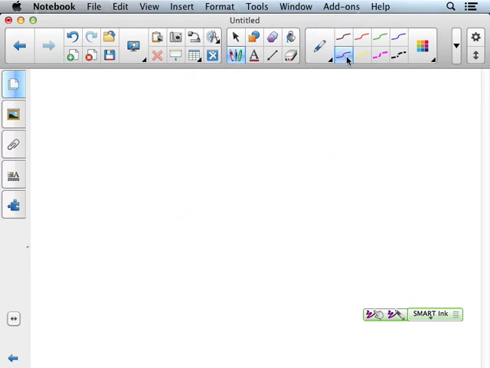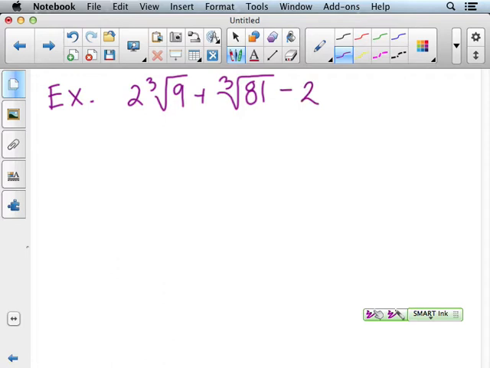Alright, another one that's kind of messy. 2 cube root 9 plus cube root 81 minus 2 cube root of 1/3. So I'm going to start out by rationalizing my denominator here on the last term.